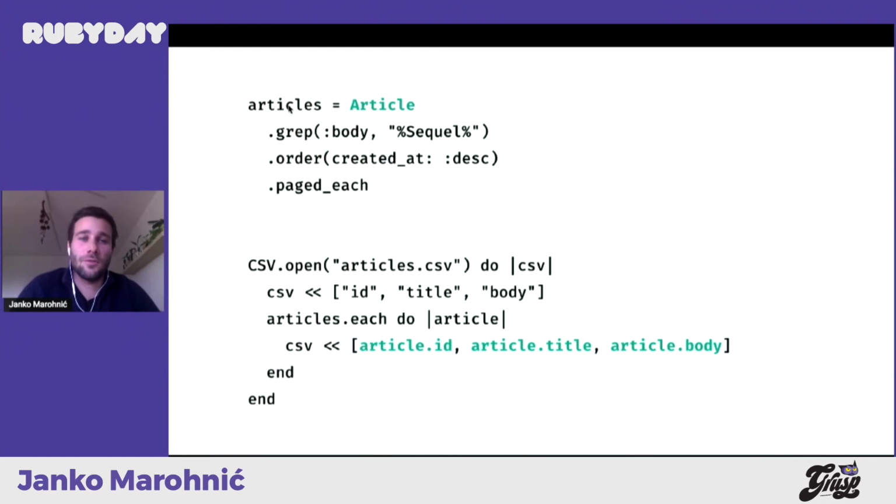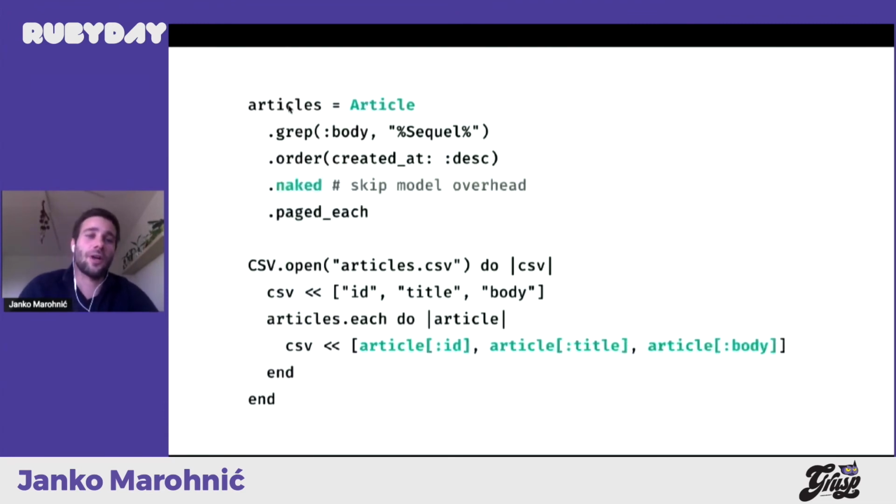What's great about SQL is that even when your model instances are doing more, and you are running something performance sensitive, such as a CSV export, you can always opt out of model overhead just by calling naked on the dataset, and then this will return plain Ruby hashes instead of model instances.